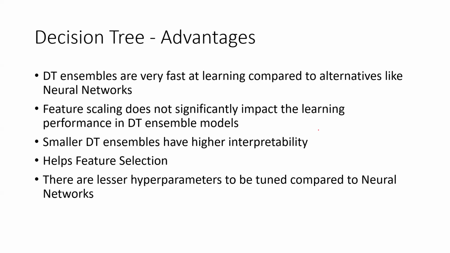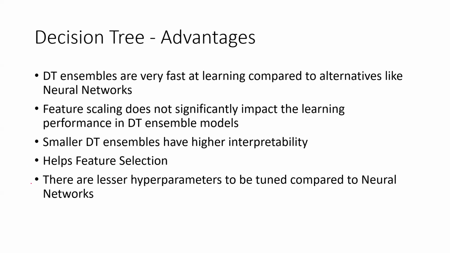So when you find that you can classify cardiovascular diseases with the BMI very accurately, that means there's a high probability that the BMI is affecting the health of the person, right? So this kind of interpretation can be done when you are using decision trees with smaller sizes, right? And it can also be used for feature selection, which we have not discussed here.